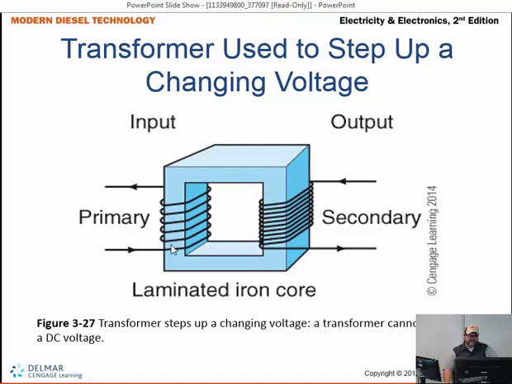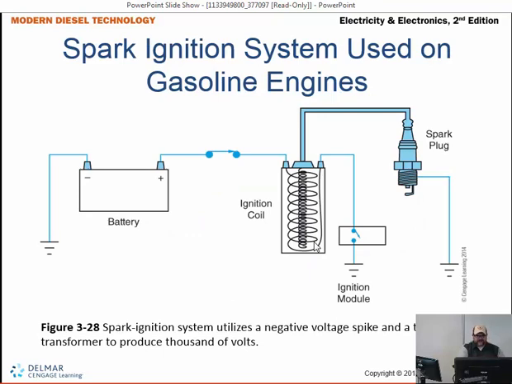We're talking about kilovolts. So we have so many windings on this side, and we have more windings on this side, and the magnetic force built up in here is inducing more and more voltage into this secondary. So you have your primary voltage coming in and your secondary spark and everything else going out. So that's exactly how a coil works.